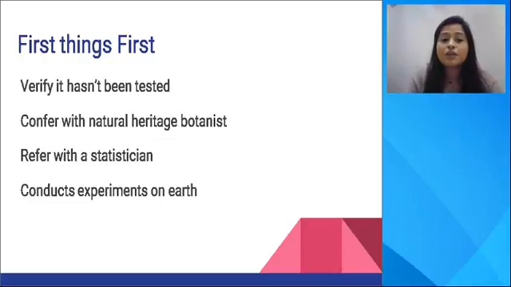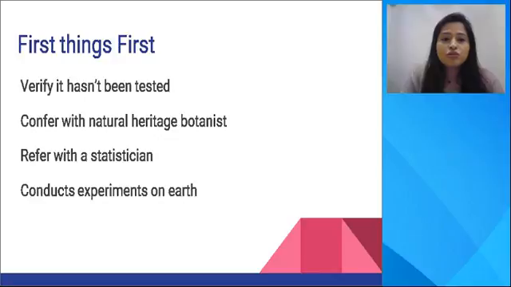And something else, we have to confer with a natural heritage botanist, which is just somebody who knows in depth about plants, anything regarding what's the best way to grow them, the best way to supply for them, all of that stuff.